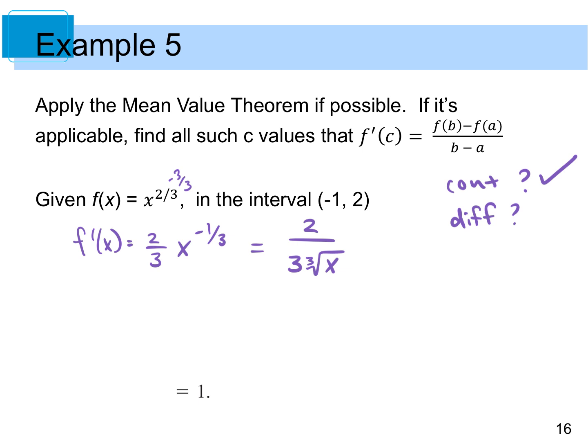It doesn't matter here. What could x not equal here? 0. Is 0 in our interval? Yes. So is this differentiable on the interval from -1 to 2? No, it is not differentiable. Because x cannot equal 0 here, and 0 is in our interval, it's not differentiable at 0.